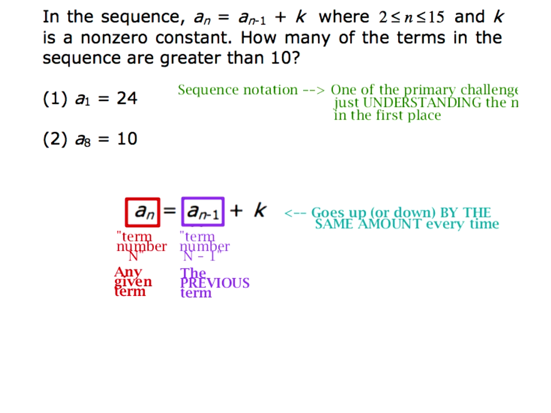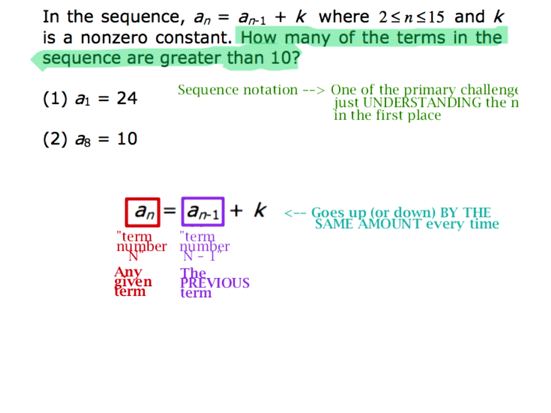All right, remember that if you are not answering the right question, which people very commonly don't, then you're going to be in trouble here. You don't want to know what all the terms of the sequence are. You just want to know how many of them are greater than 10. In data sufficiency in general, if you are trying to answer any other question, you are in big trouble.